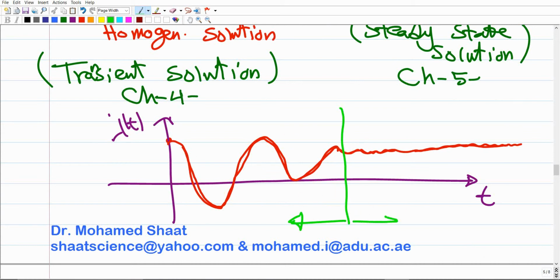But on the right, the change of the current over time is very negligible compared to the previous region. The region on the left is known as the transient behavior of the current, how the current changes over time just after we close the electrical circuit, as I'm going to show you. On the right, this is the steady state solution.